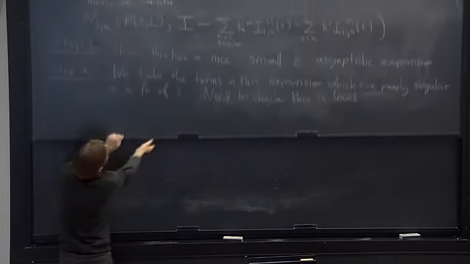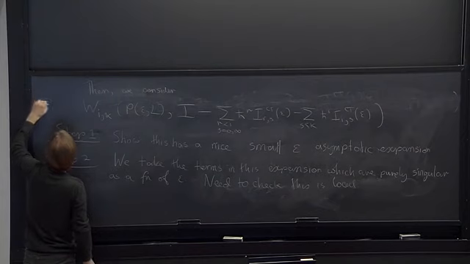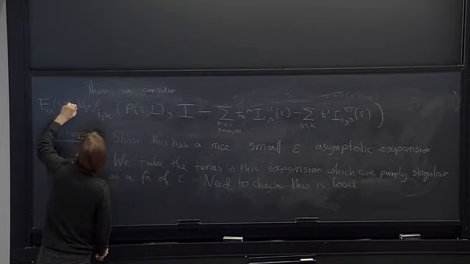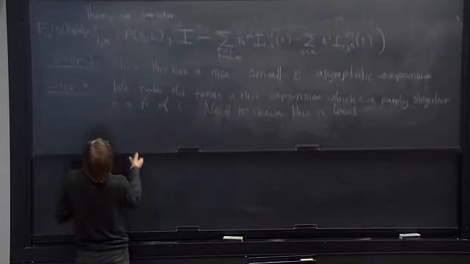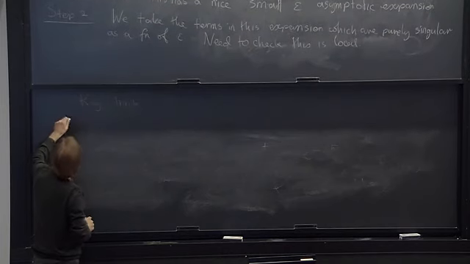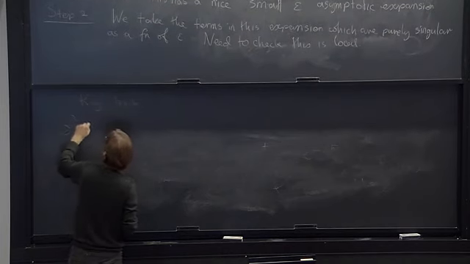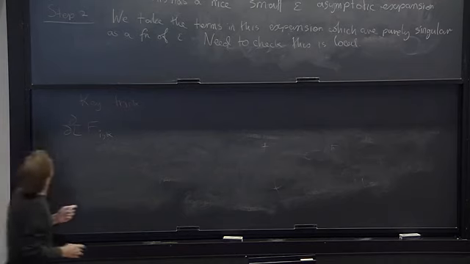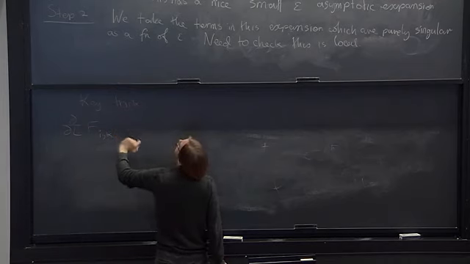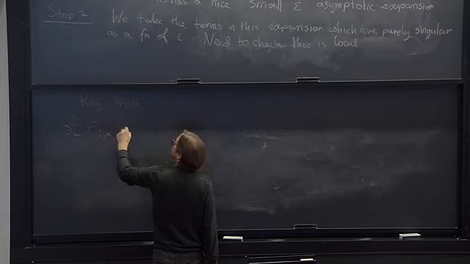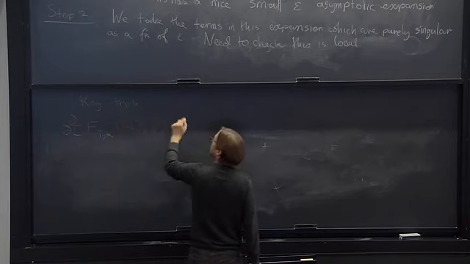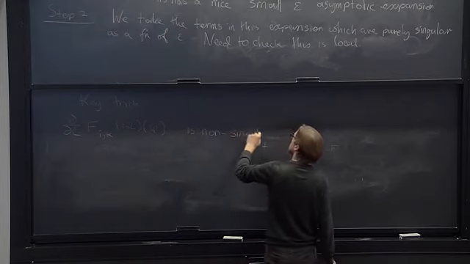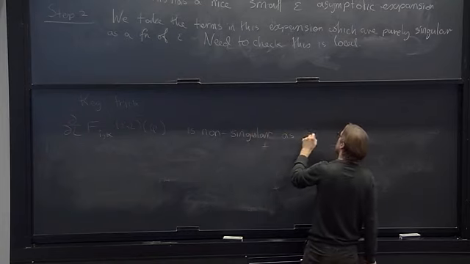Let me give this quantity a name. This is some F_ik times an epsilon L. So the key trick is that if I differentiate this with respect to L, this is non-singular as epsilon goes to 0.